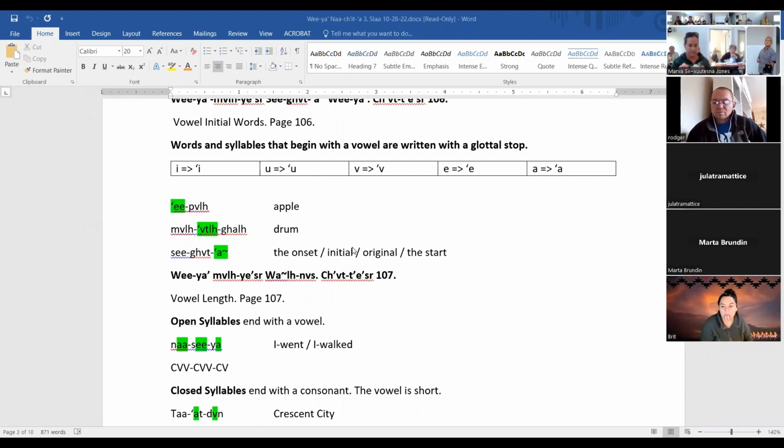All right, so for this little segment on page 3, I'm using C's and B's, just so you can see here, C and B. The C is a consonant and the B is a vowel, okay? I gave you an example there. Open syllables end with a vowel.